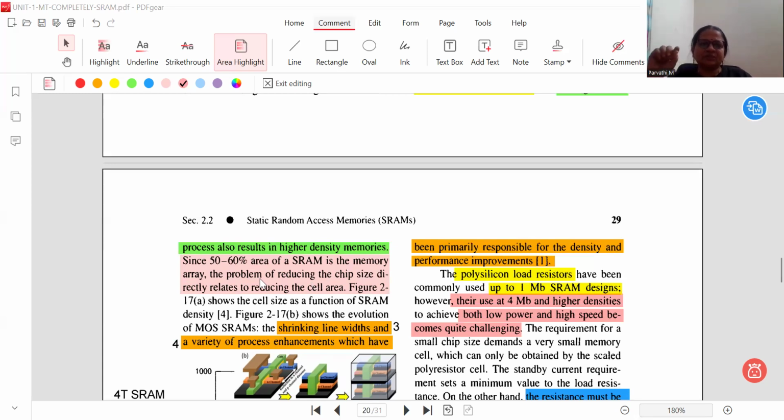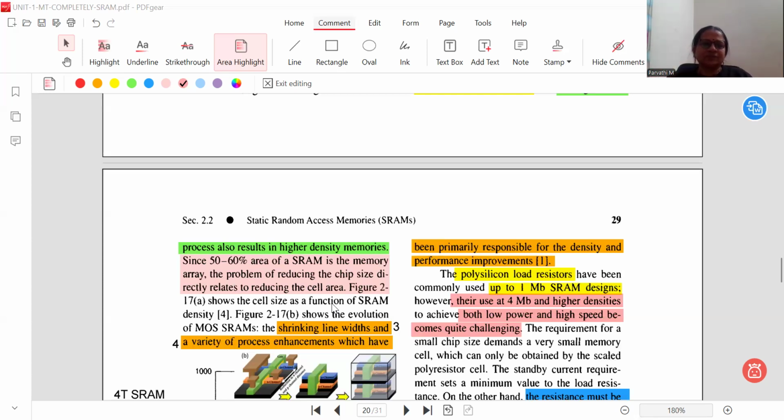So 50 to 60% of the area within the wafer is required for the memory. Here, the problem of reducing chip size directly relates to reducing the cell area. So in order to reduce the cell area, we have to look into the entire peripheral circuitry also, how much it could be reduced in parallel, as well as the total area the memory occupies.